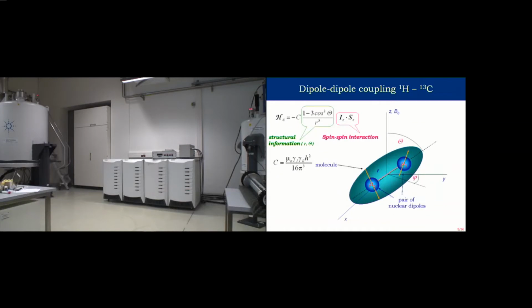This theta angle is usually called the polar angle, and sometimes in quadrupolar systems, the angle phi is called the azimuthal angle. Nevertheless, changing the orientation of the interaction vector relative to the direction of the external magnetic induction field is the main source of changing the energy levels of the Zeeman interactions.